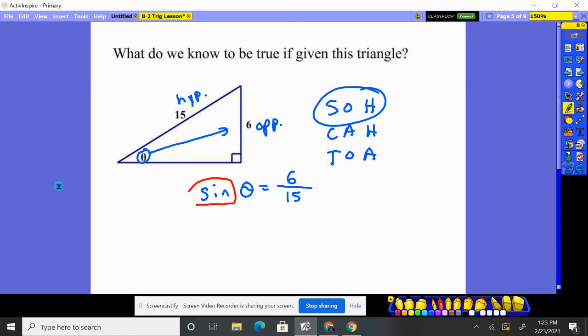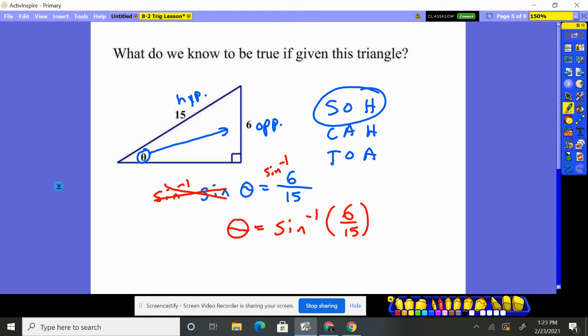Well, if you take the inverse sine, called the ArcSine, it's going to get rid of the sine and leave just theta. But if I took the inverse sine on that side, I have to do it on this side. So theta is equal to what's called the inverse sine or ArcSine of 6/15.